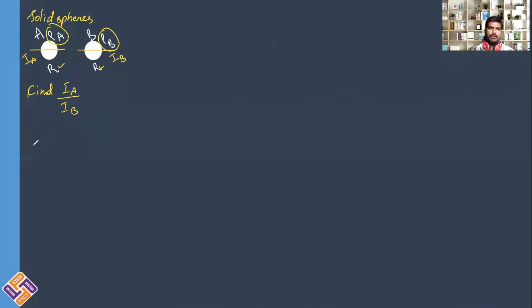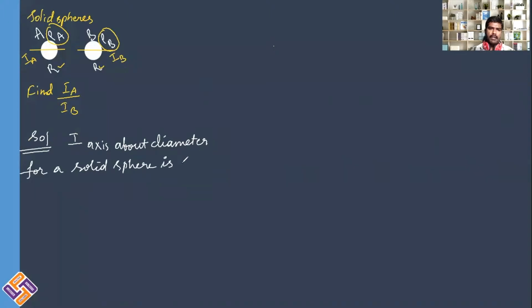In order to calculate moment of inertia about the axis along the diameter for a solid sphere, it is 2 by 5 mr square. That is the moment of inertia of a solid sphere about the diameter. But we do not know what is mass m.